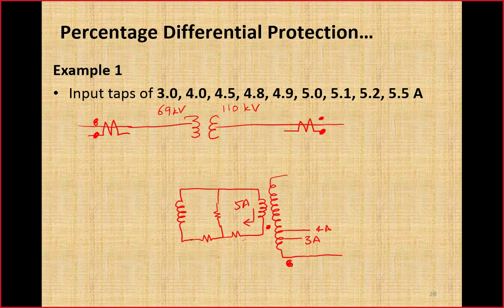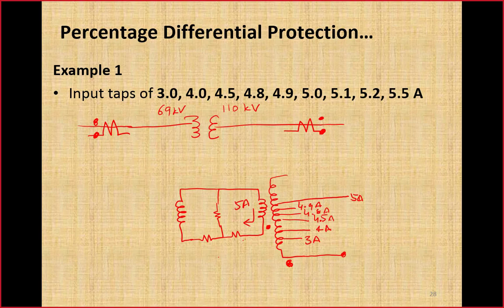Then we have 4.5 ampere. Then we have 4.8. Then we have 4.9. Then a 5 ampere tap means now between these two points here and this 5 ampere tap, the number of turns on the two sides, primary and secondary, will become exactly equal.